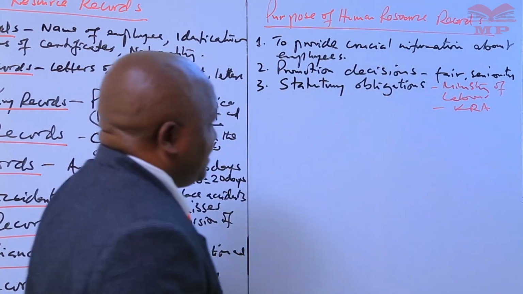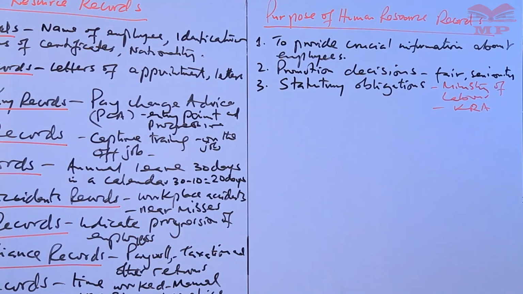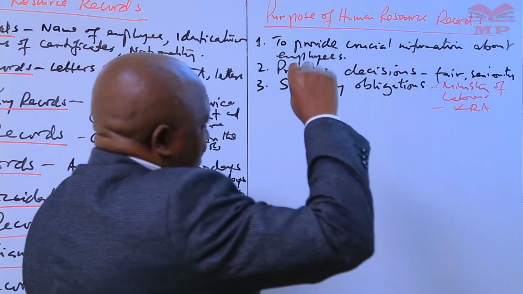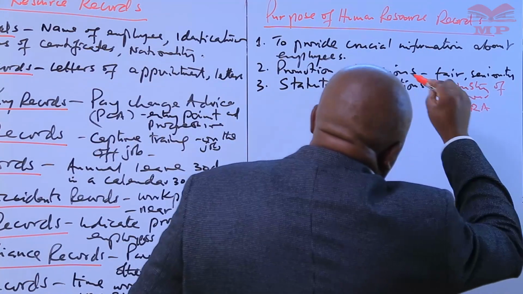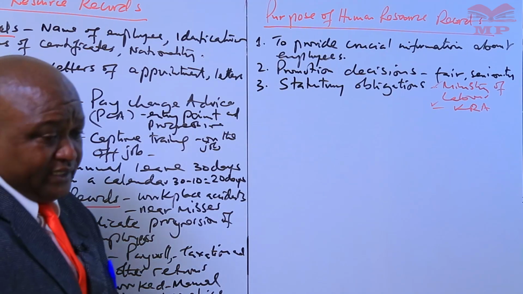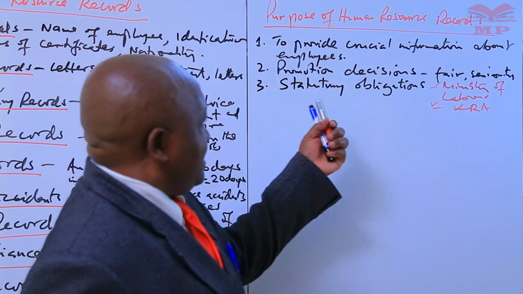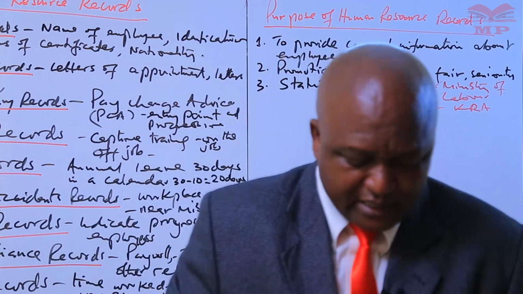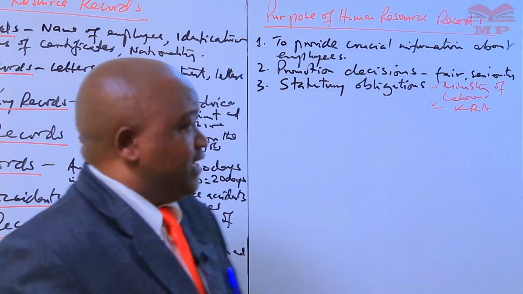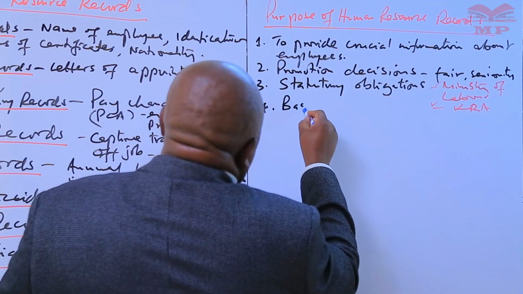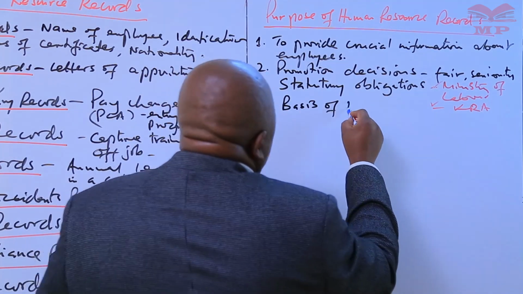They may come to an organization and they want to know, now this organization that is employing workers, have they complied with the Ministry of Labor obligations, Kenya Revenue obligations on taxation? So for purposes of statutory obligations, then it is important that these particular human resource records are maintained in that particular information. Then also, these records can be the basis of research.